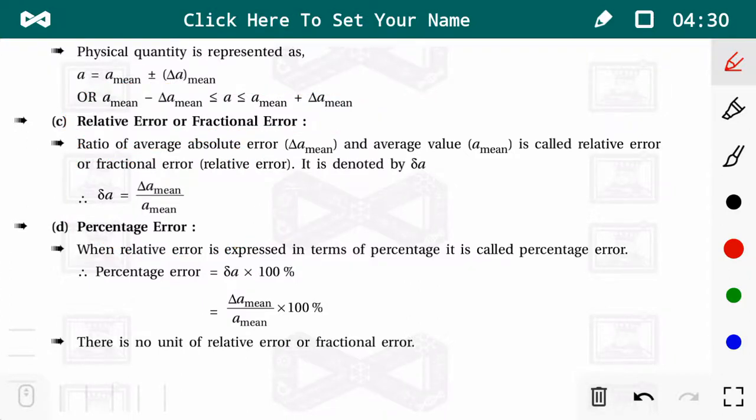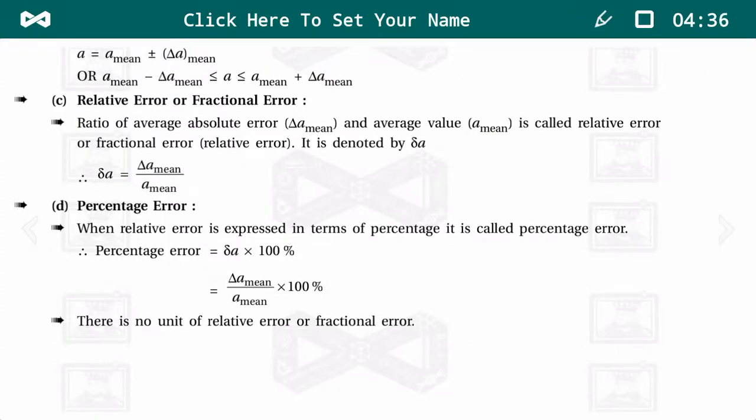Now see, what you have to do: first find the mean.